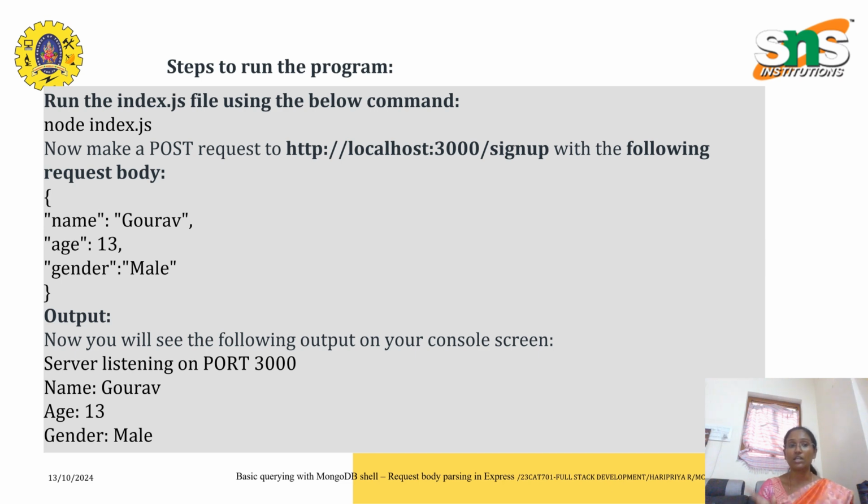Here is the step-by-step process of how the Express framework works with your database. First we run index.js using the command node index.js. Then a POST request is made with the request body: name equal to some name, then age 13, and next the gender. The output is shown on the console like server port and server line.